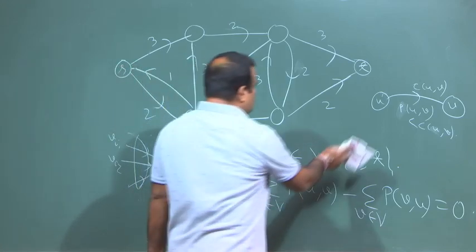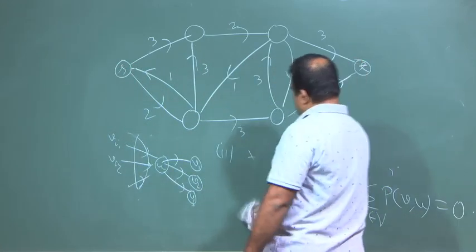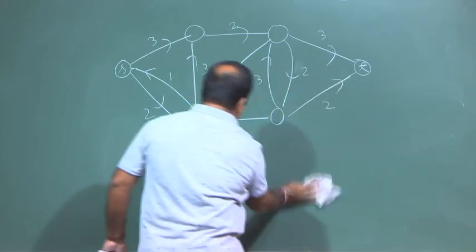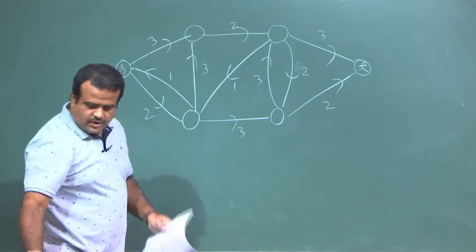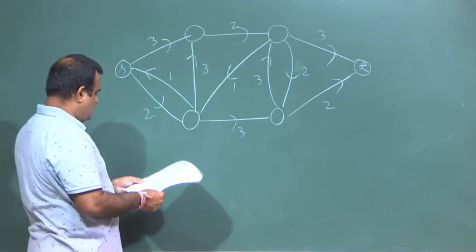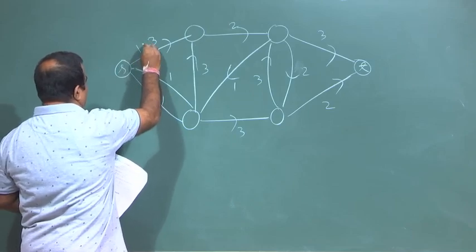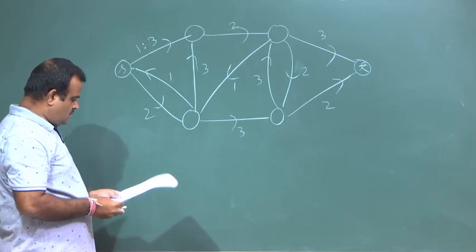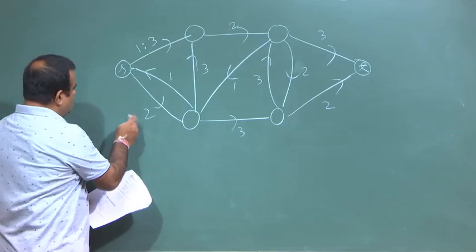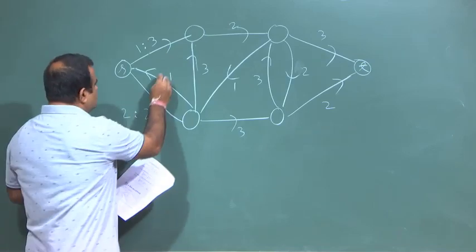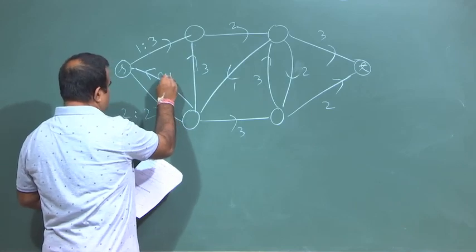So, let us try to have that. Okay, this is basically the capacity. So, we can have something like one flow on this, then 2 is the capacity, so we can have at most 2 flow, this is 0, okay.